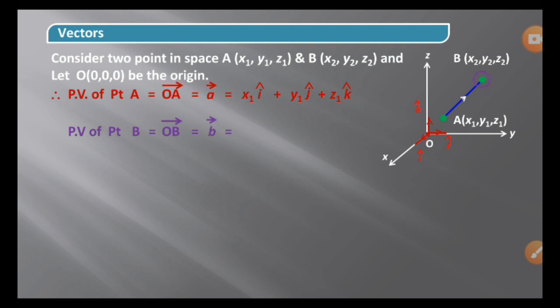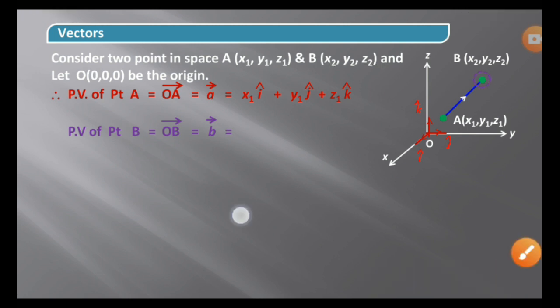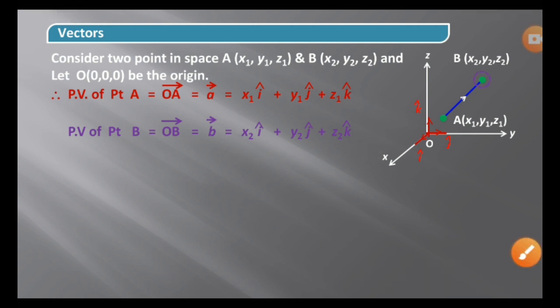This will be written by using the coordinates of the point B, so this is x2i plus y2j plus z2k.